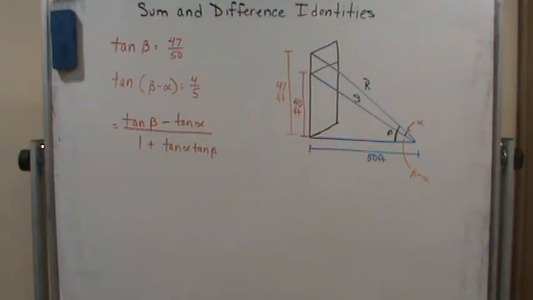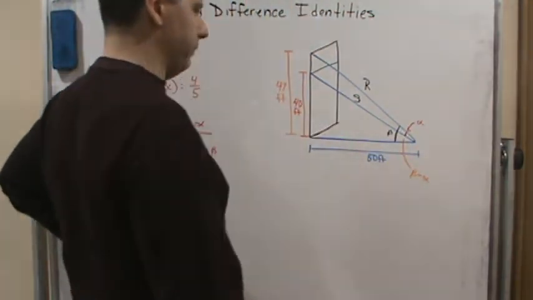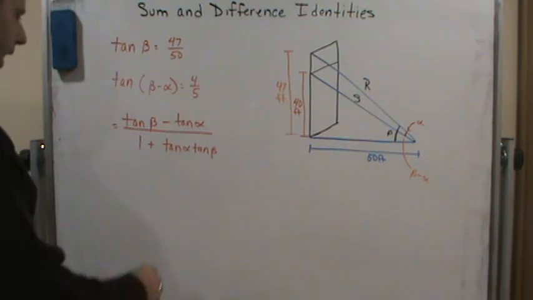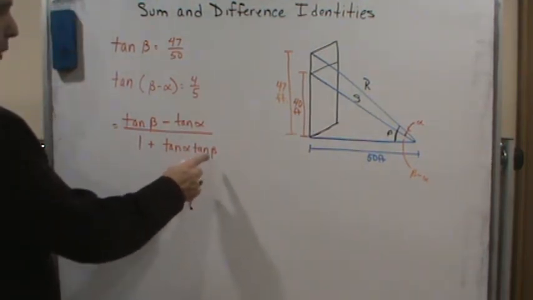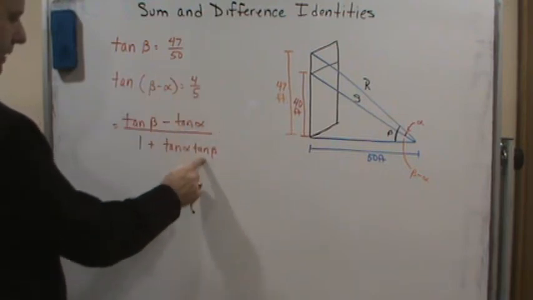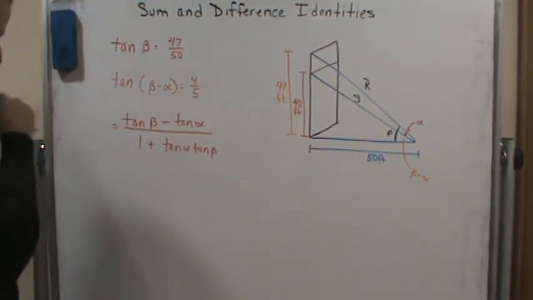So now all we have to do is plug in everything that we need. Now we're trying to find alpha. I don't know if I said that, but what they want us to do is find the angle alpha. We know tangent beta is this. We've also got tangent alpha here, and tangent beta there.